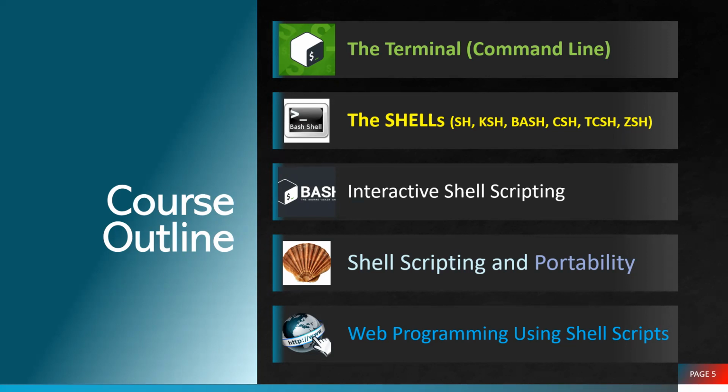So with that interface, you're able to use any of the shells that are the interface for you to connect. And then the shells are Bourne shell, Korn shell, Bash, CSH, TCSH, and ZSH. And these ones are going to be covered also.